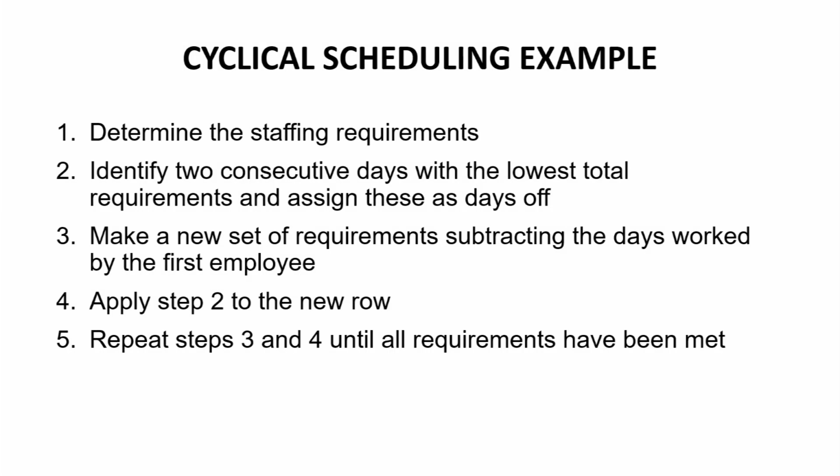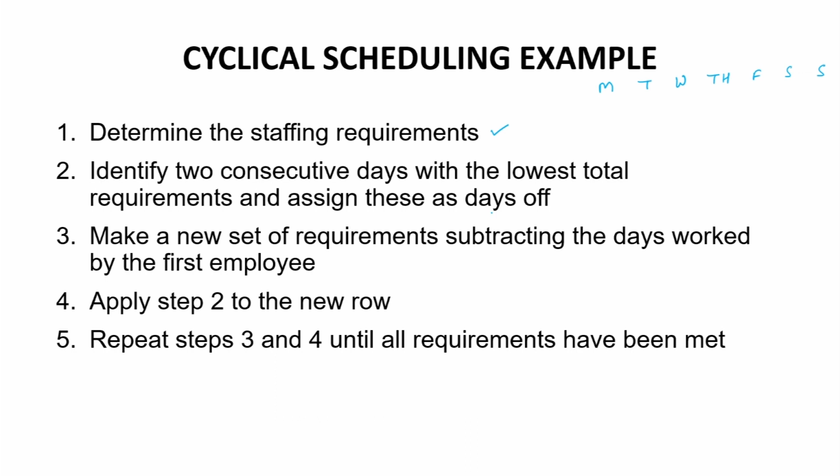The various steps in this: determine the staffing requirement on different days. You find out how many people are required on Monday, Tuesday, Wednesday, Thursday, Friday, Saturday and Sunday. Identify 2 consecutive days with the lowest total requirements and assign these as days off.